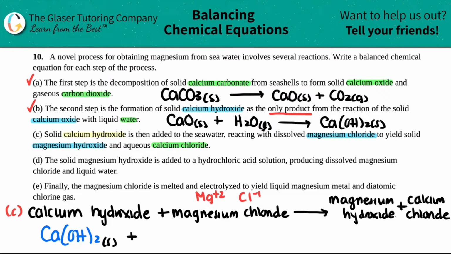And chlorine is in group 17A on the periodic table, so that's the -1 trend. Crisscross it out, you have 2 chlorines, you have 1 magnesium. So this would just be MgCl2. They told me that it was dissolved, so that means that it's aqueous. If you are aqueous, you will be dissolving. So that's that part. And then we yield magnesium hydroxide.